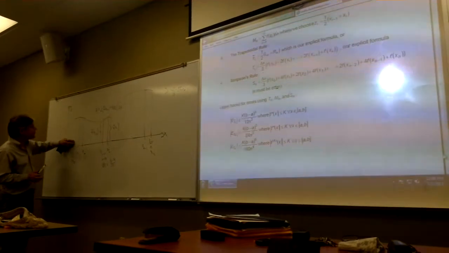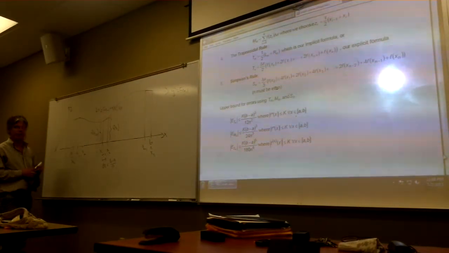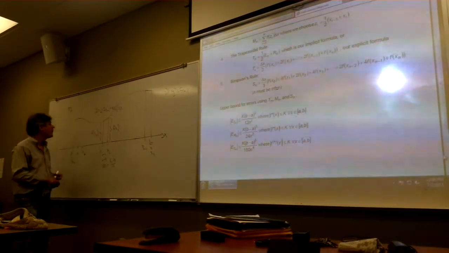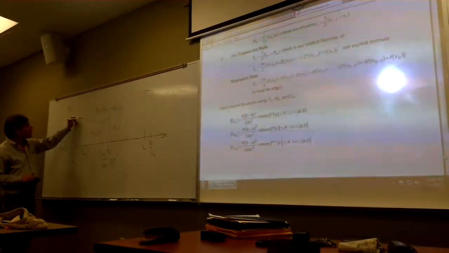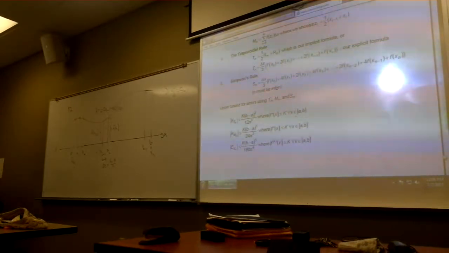You take a peek at not the first, but the first 2 sub-intervals. I need more pens. In red, I want to look at these 3 points: f evaluated at x naught, x 1, and x 2. Are you guys okay with me saying this, be honest? 3 points determine a parabola.